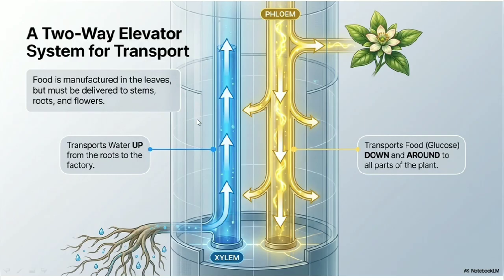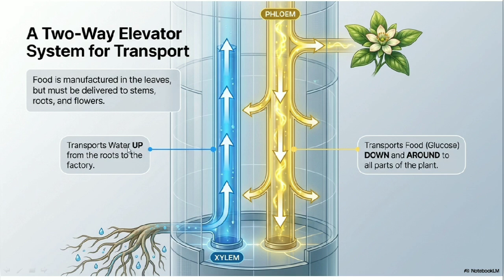Here is a two-way elevator system for transport. How does this transportation take place? The food is manufactured in the leaves but must be delivered to stems, roots and flowers.